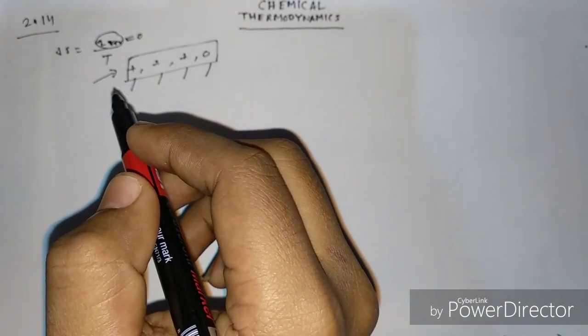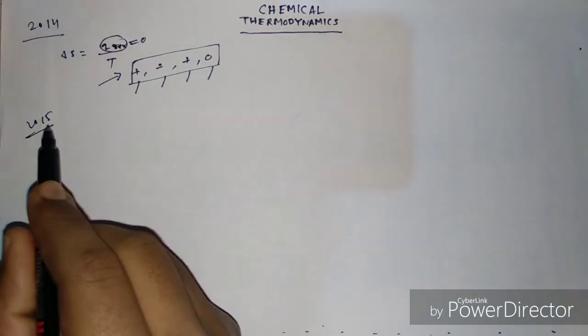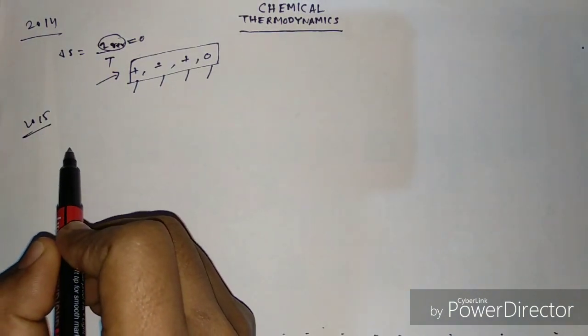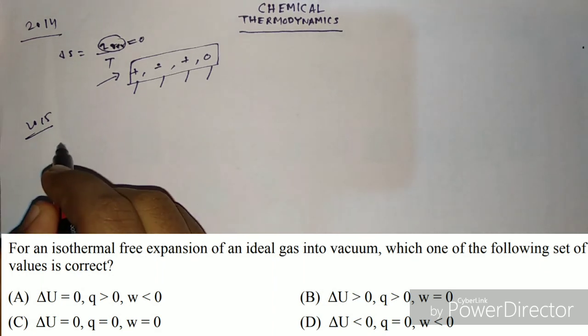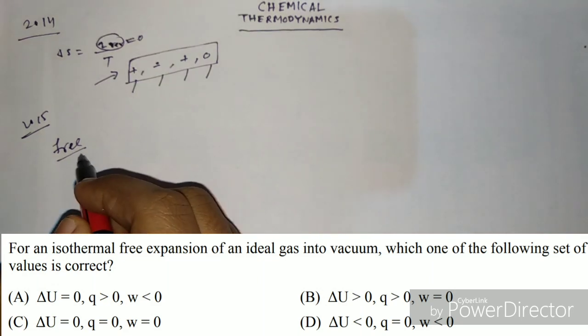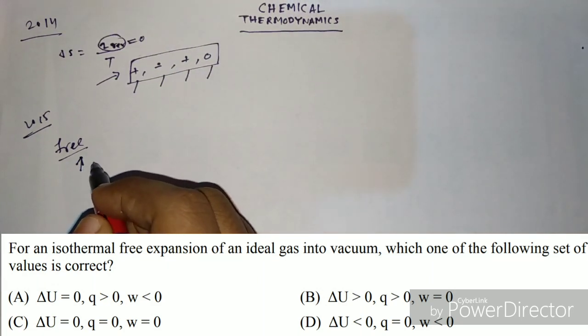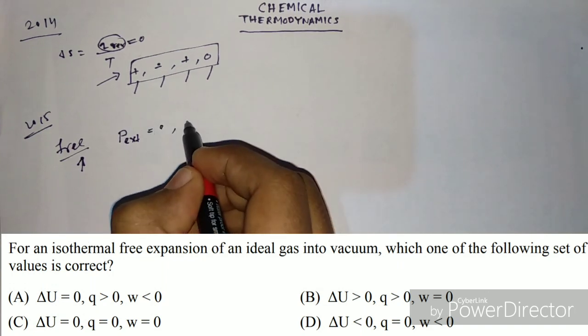Coming to JAM 2015, the question was: for an isothermal free expansion of an ideal gas into vacuum, which one of the following is correct? This is free expansion, and in case of free expansion, P external equals 0, so work equals 0.